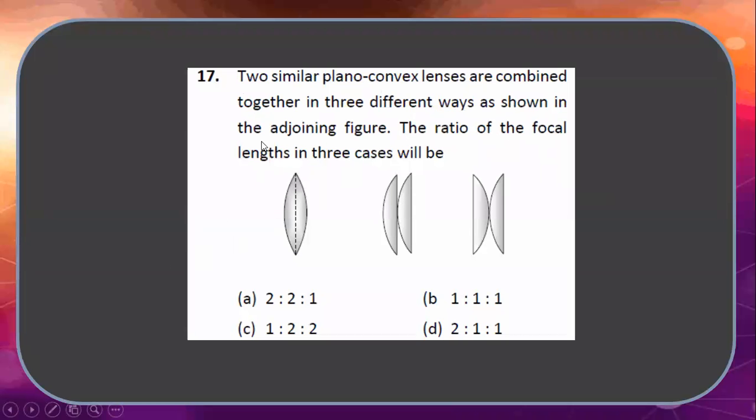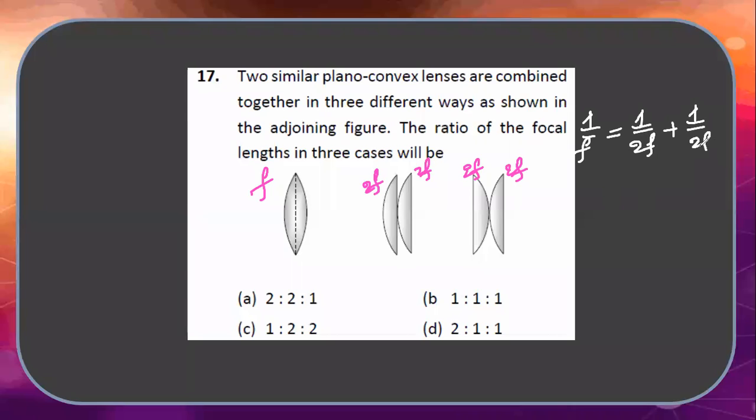When a convex lens of focal length f is cut into two equal parts, the focal length of each part will be 2f. How to simplify this? 1 by f is equal to 1 by f1 plus 1 by f2. 1 by f1 is 1 by 2f and 1 by f2 is 1 by 2f.